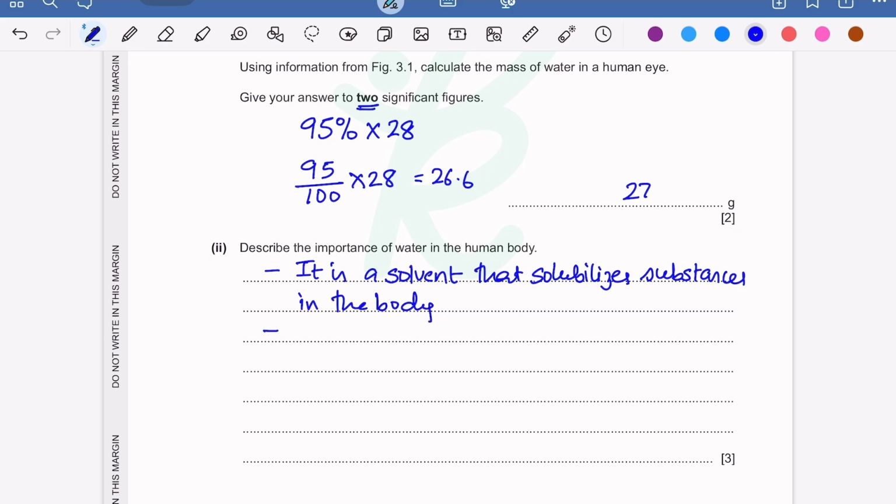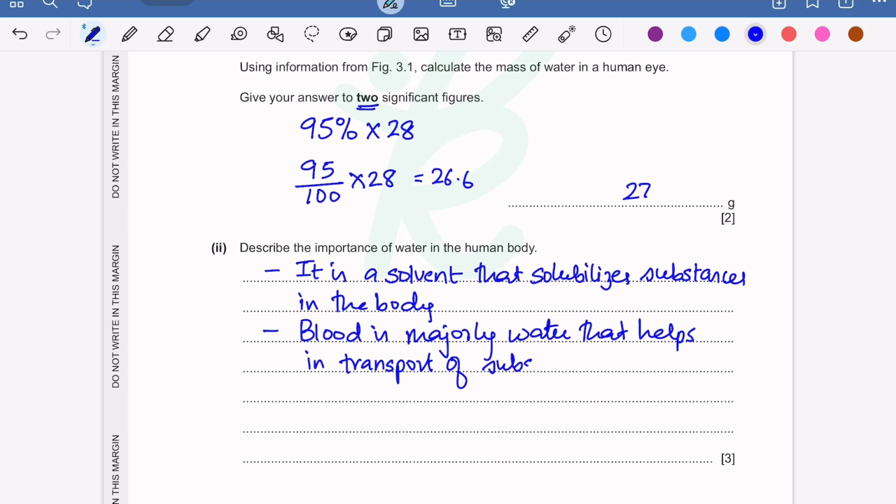Secondly, blood is majorly water that helps in transport of substances all over the body.